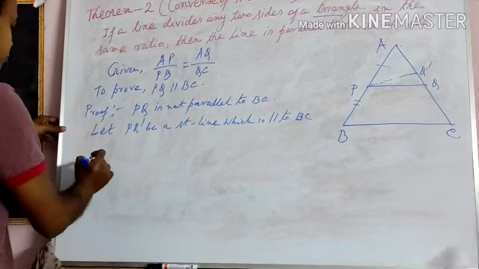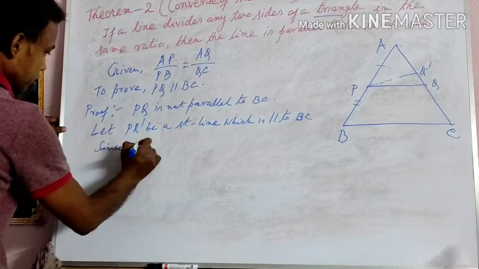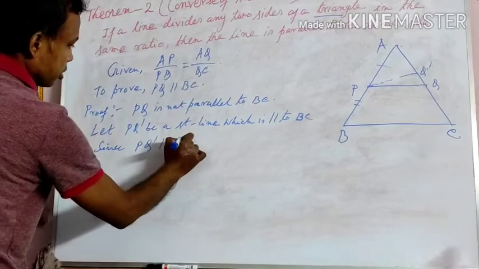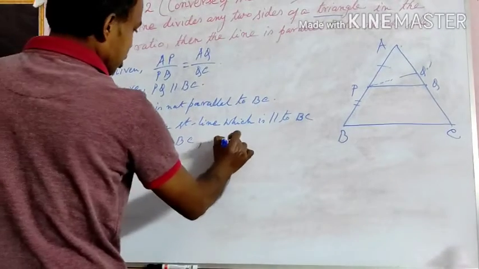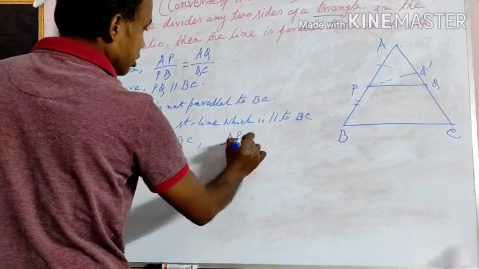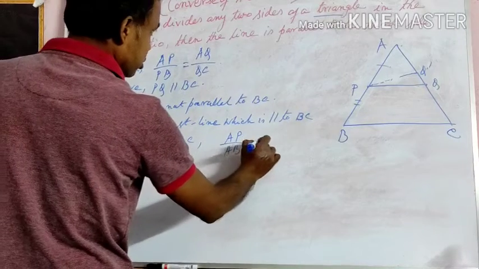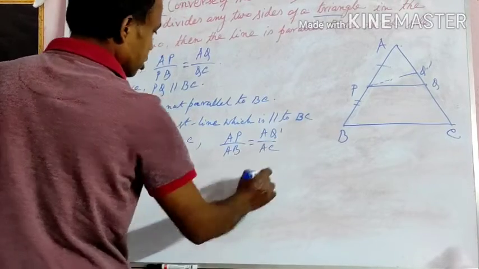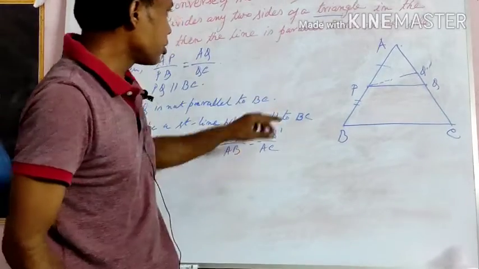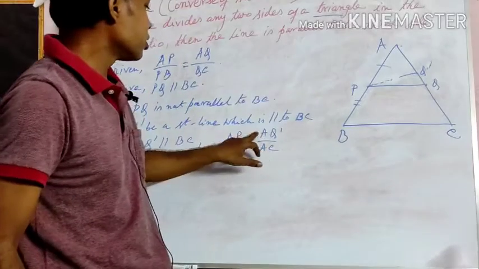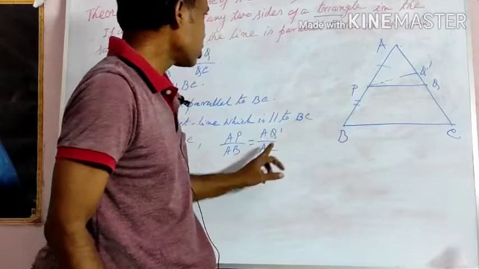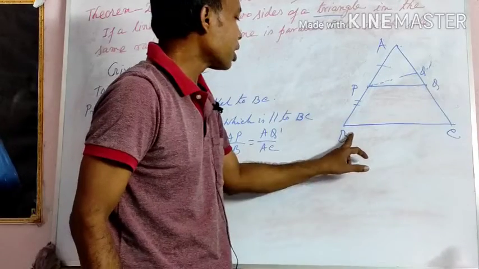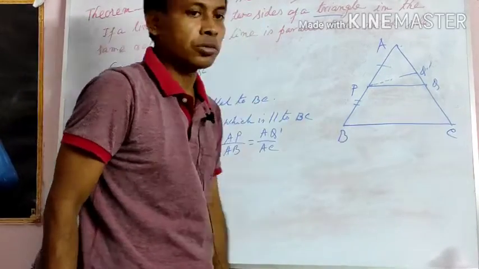So since PQ dash is parallel to BC, therefore we can write AP by AB is equal to AQ dash by AC, since PQ dash is parallel to BC according to our assumption.